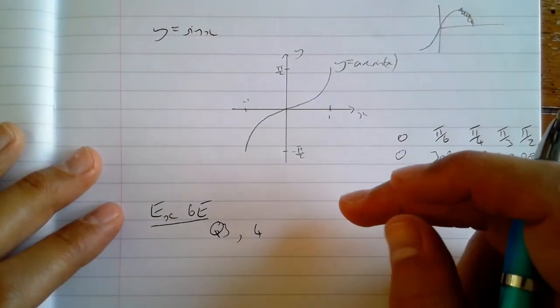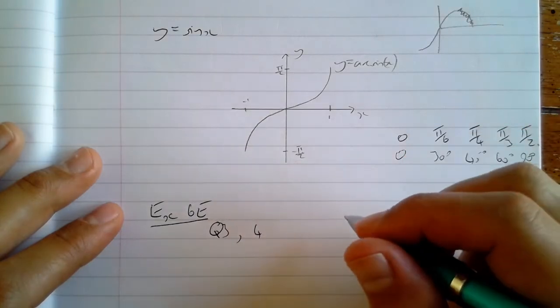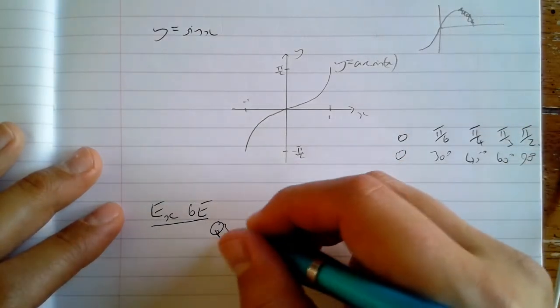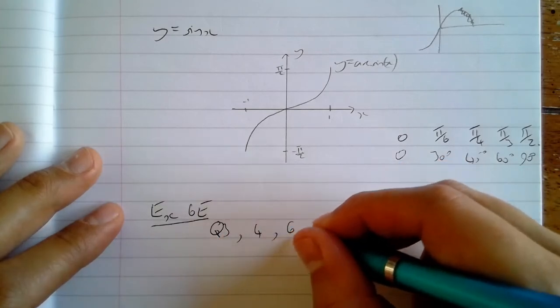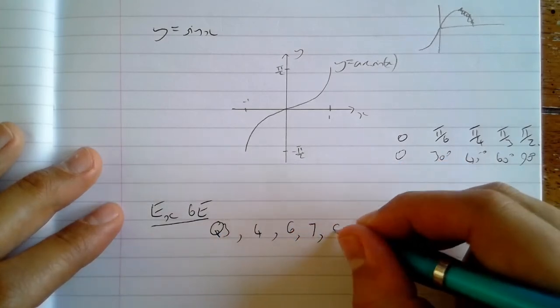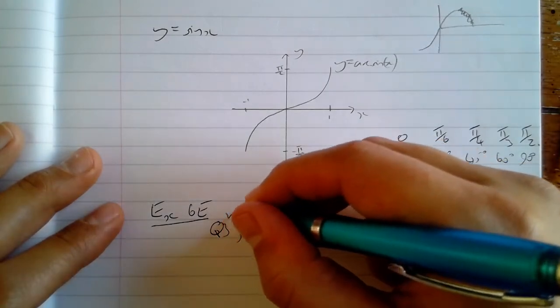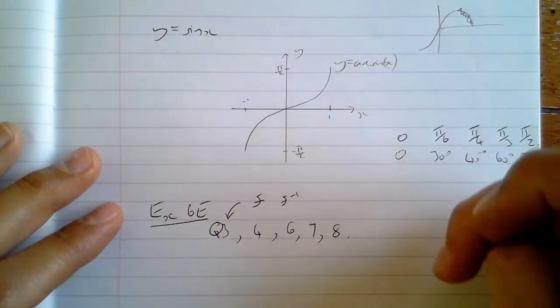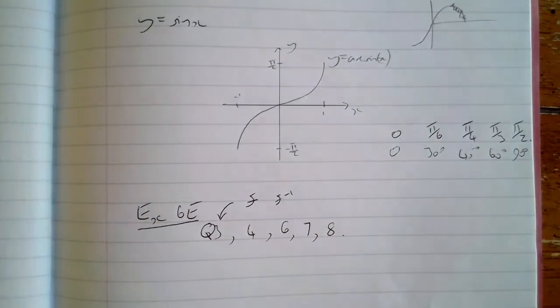And then for something slightly more interesting, can you do 6, 7 and 8? With question 3, think about if you do a function and then you immediately do the inverse function, have you done anything at all? Okay, so I'll leave it there.